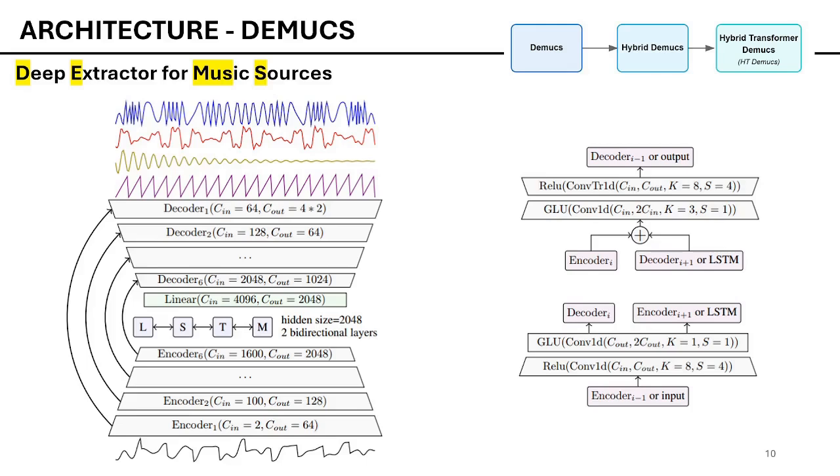Demucs processes the raw time domain signal. The model follows an encoder-decoder U-Net architecture with skip connections that pass low-level details directly from the encoder to the corresponding decoder layers. After the encoder, the network includes a bidirectional LSTM layer that captures long-range temporal dependencies before the decoder reconstructs the separated sources.